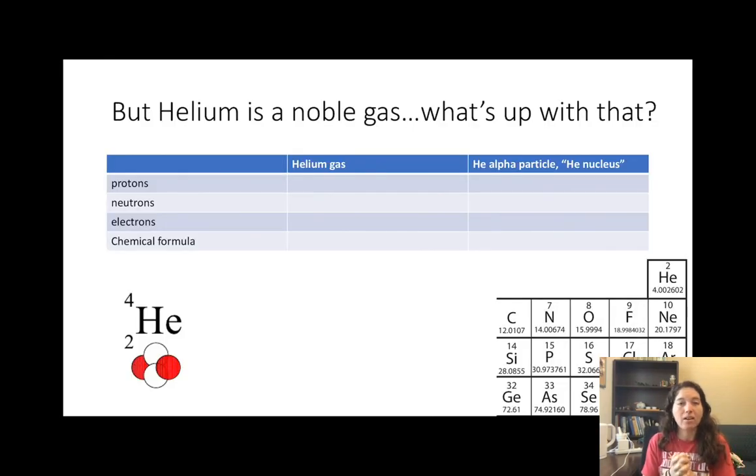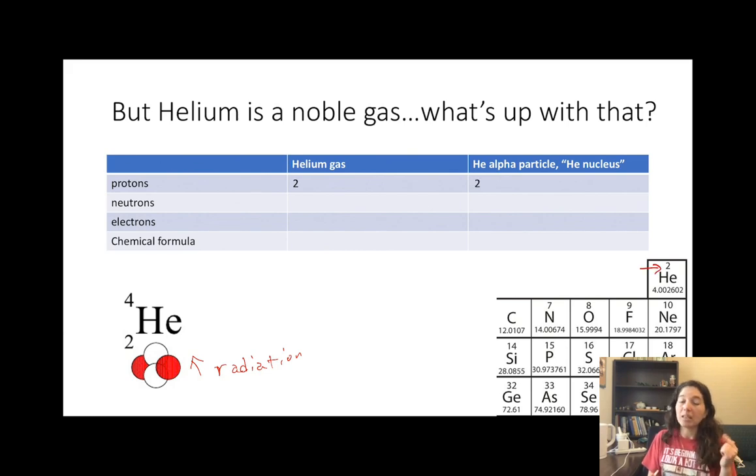So let's take a look at this alpha particle that I talked to you about. You might be thinking that helium's a noble gas. That's not radiation, right? Okay. This is radiation. Let's look at the difference here between a helium atom and a helium alpha particle, or a helium nucleus. Helium gas from the periodic table has 2 protons.